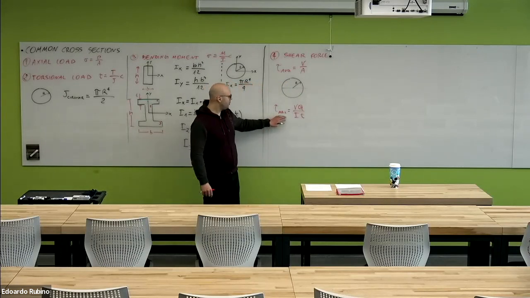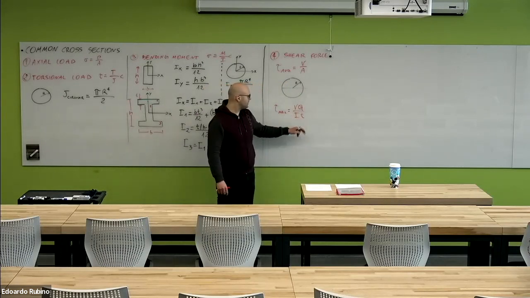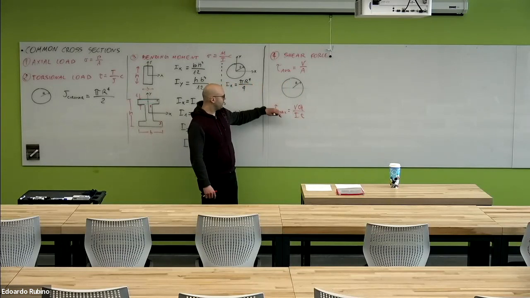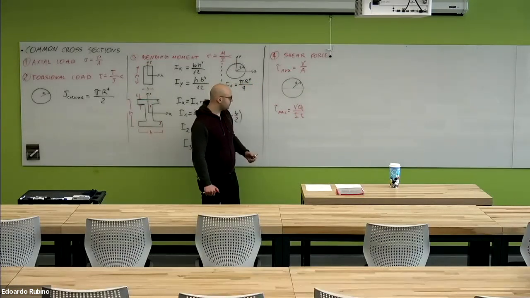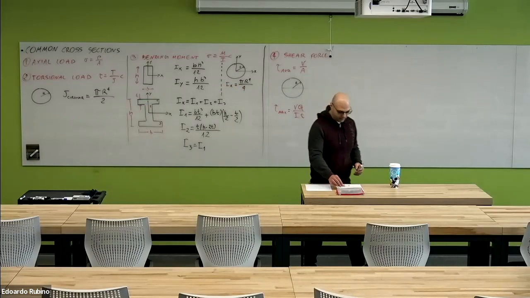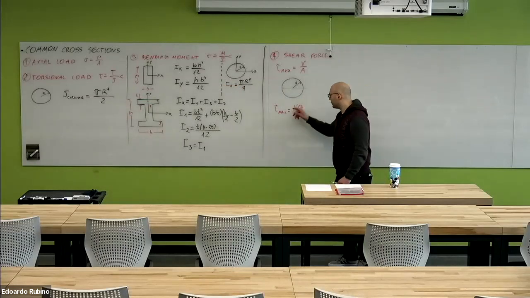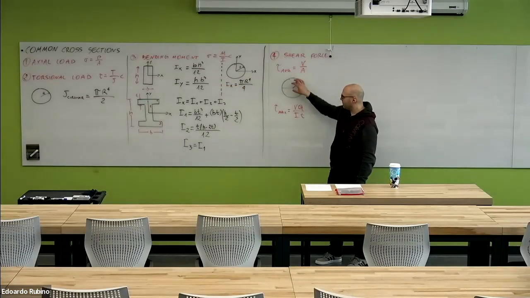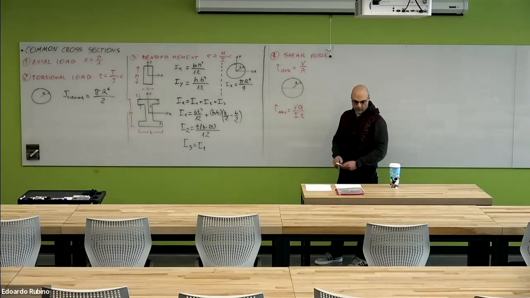So we can explore now the meaning of all these terms for the circular cross section. So we have that V is of course the intensity of the shear force applied at that specific location.